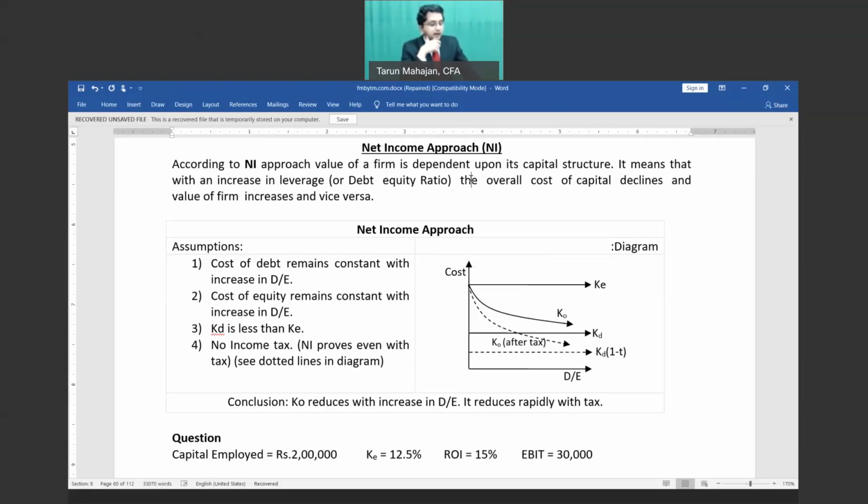Now divide it by 0.85 because DDT is 15%, and then multiply it by 15%. You will get 17,647 rupees. That will be the amount of dividend distribution tax. So on 1 lakh rupees dividend, you are giving 17,647 as tax.